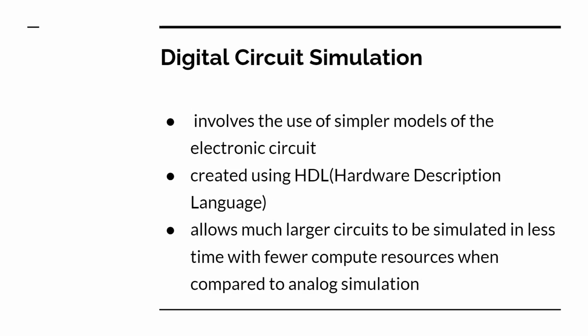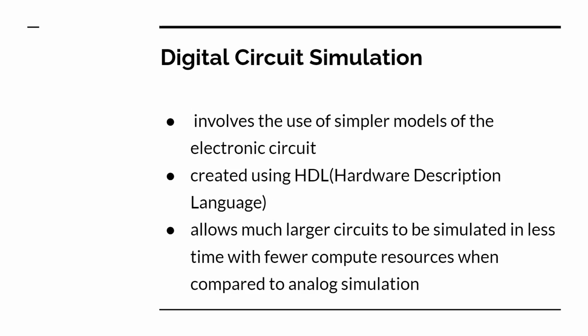So let us take a look at digital circuit simulation. It involves the use of simpler models of the electronic circuit. Why are we saying that this is simpler? Because digital circuits involve discrete values, zeros and ones.